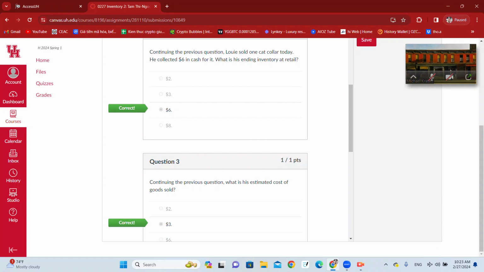And finally, if the item that is in ending inventory at the end of the day has a retail value of 6, it must have a cost value of 3.